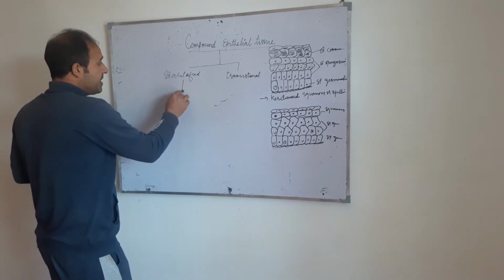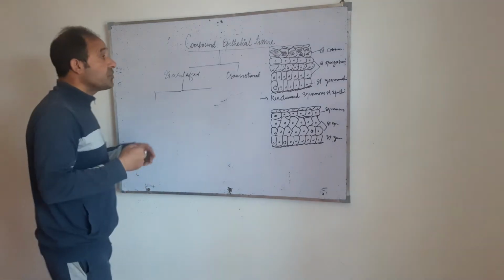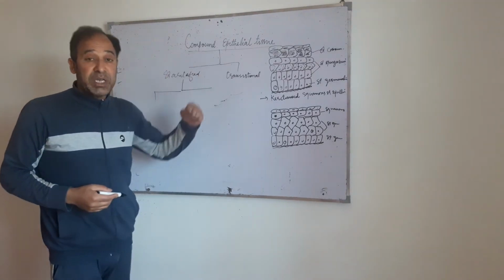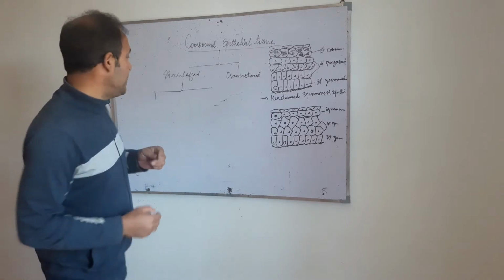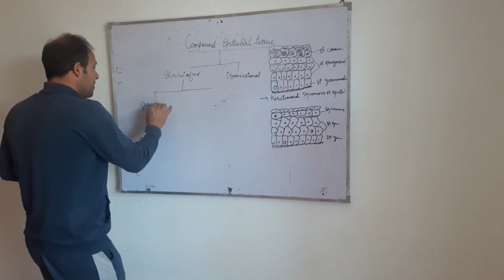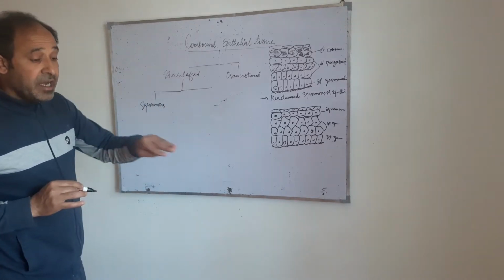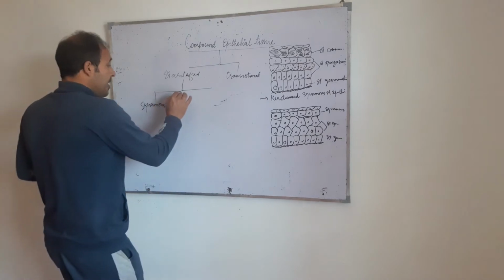A stratified compound epithelium is further classified according to the nature of the upper, superficial layer of cells. If the upper layer is squamous, it is flat.